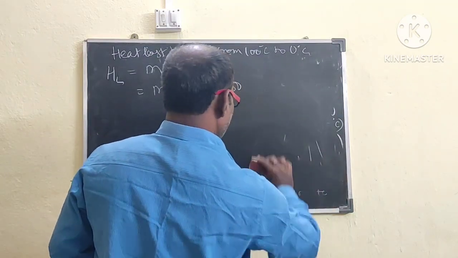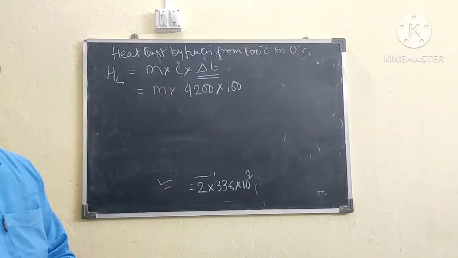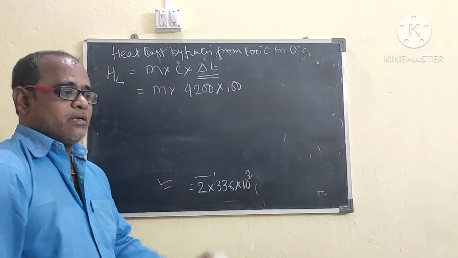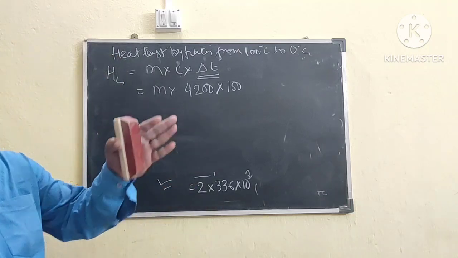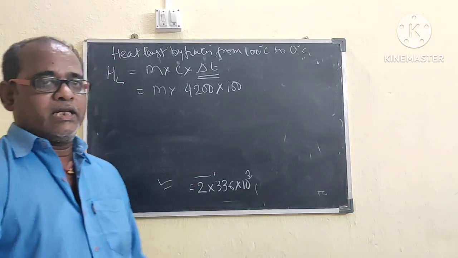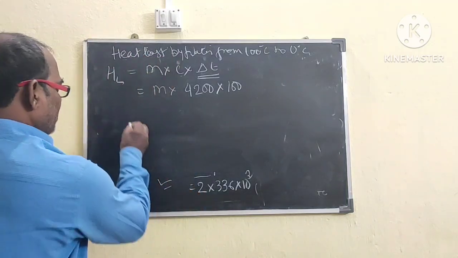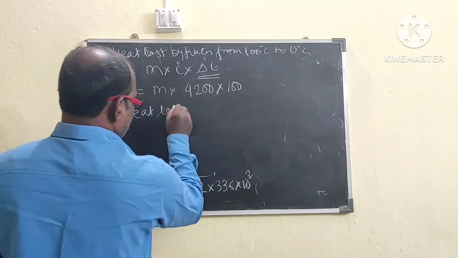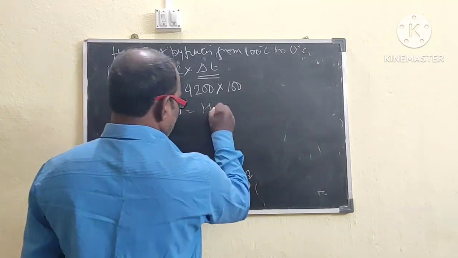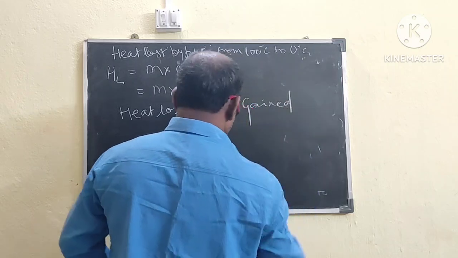Again, from the principle of calorimetry, which comes from the law of conservation of energy, heat lost is equal to heat gained unless it is insulated. So you have to write here, heat lost is equal to heat gained.